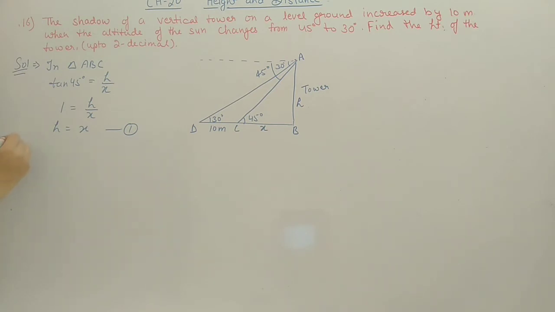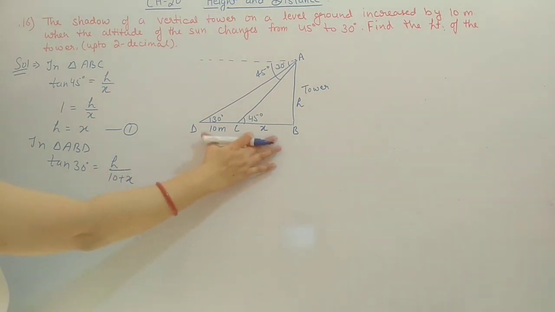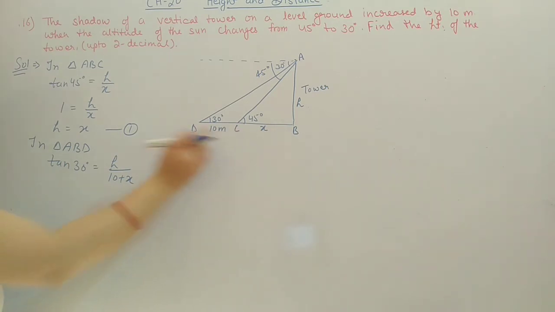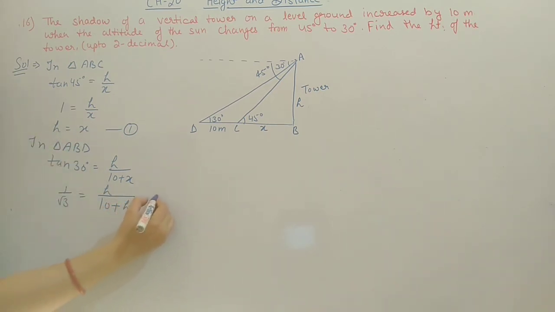Now according to the other triangle, in triangle ABD, tan 30 is equal to h by 10 plus x. For this triangle, the base is BD, 10 plus x. So tan 30 value is 1 by root 3, equal to h by 10 plus x. We can replace x with h because h is equal to x, from equation 1.